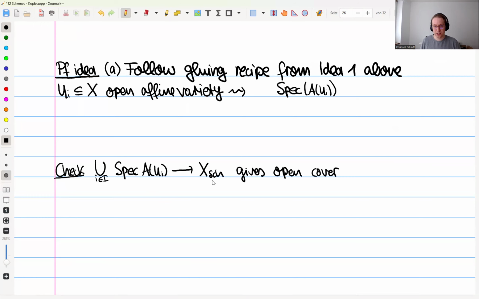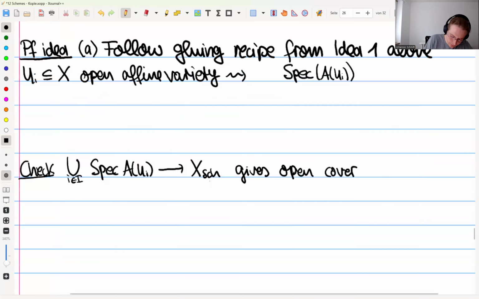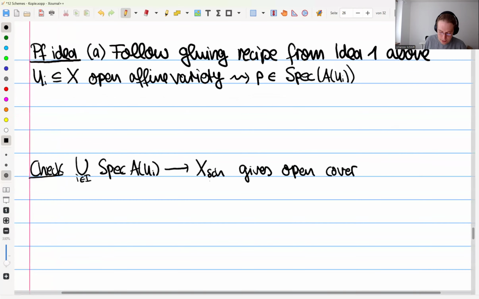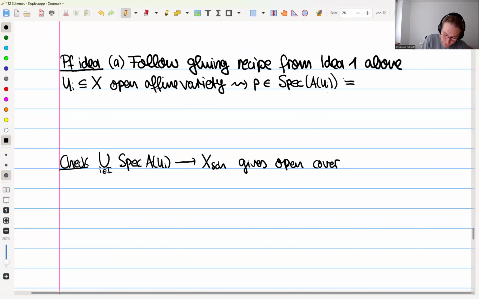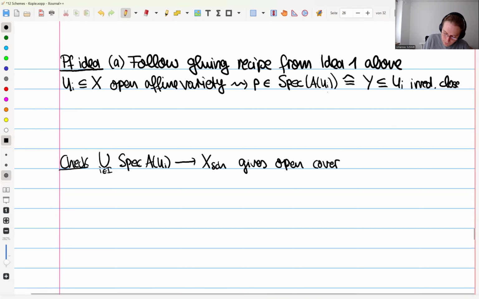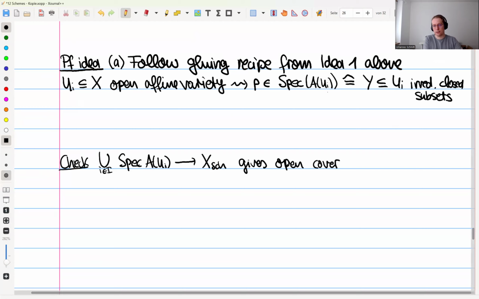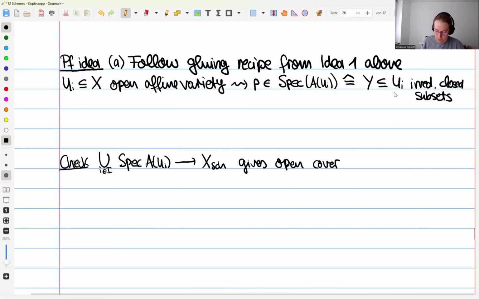And so, for example, we need to understand what it is on the level of sets. So we start with P inside the spectrum. So P is a prime ideal inside A(U_i). But then we know the prime ideals of the coordinate ring correspond to irreducible closed subsets Y inside U_i. This is one of the first things that we showed about affine varieties. And so we have an irreducible closed subset of U_i, of this open thing.